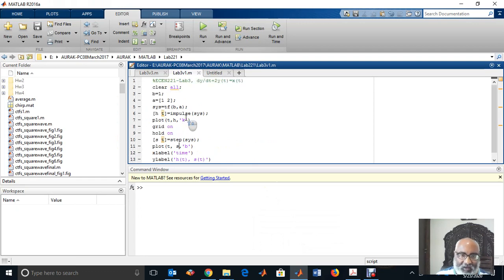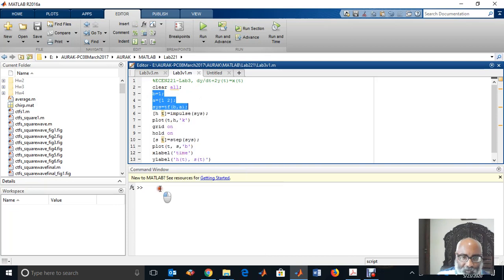Here I have only done the simulation, because I want you to do the theoretical part and compare it. Here is how I define it. Again, I clear all, and B is 1, A is 1, 2, and system is transfer function B, A. When you call this, what will happen?